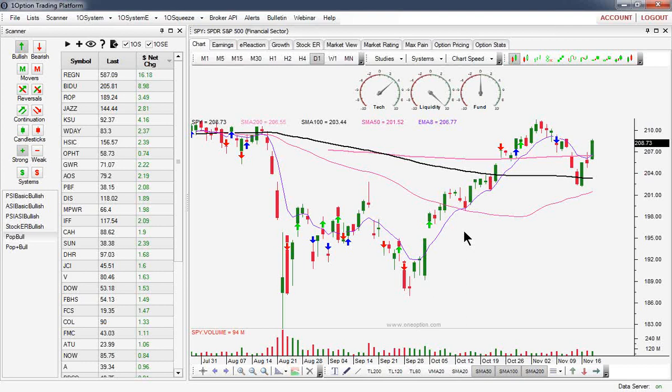If it breaks down below that 8 exponential moving average and closes below it on a particular day, then I tend to assume that that's probably a good time to take profits and get out, or take my losses and get out, because it's not holding up. And it's an arbitrary line. You can use a 6, you can use an 8, you can use a 9, but I found for this it's a good guide for me to use, trying to make a determination of whether to stay in a trade or not get into a trade.